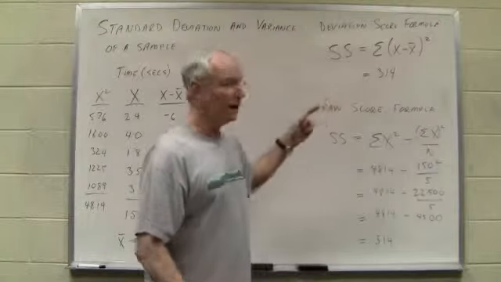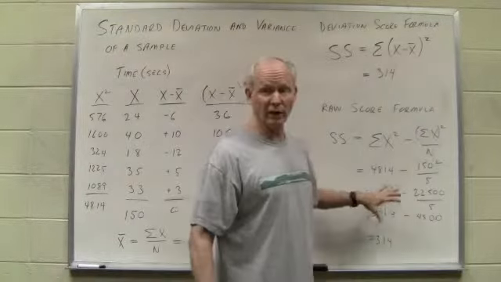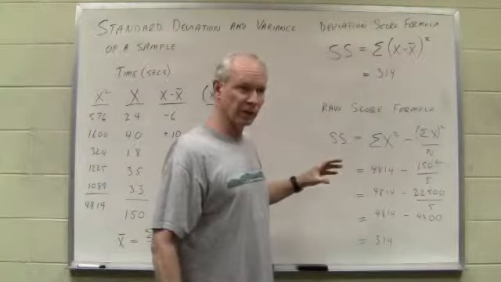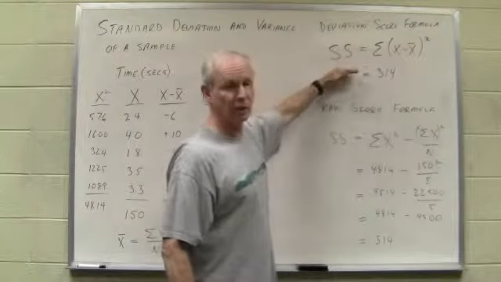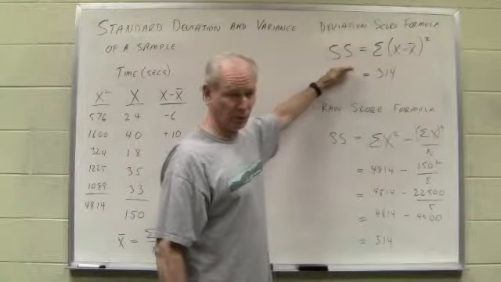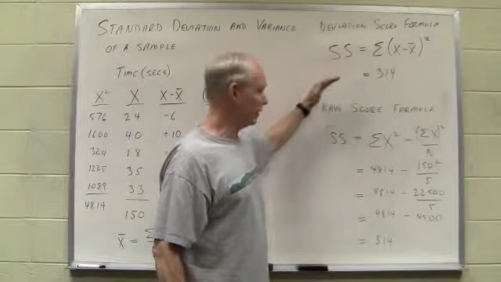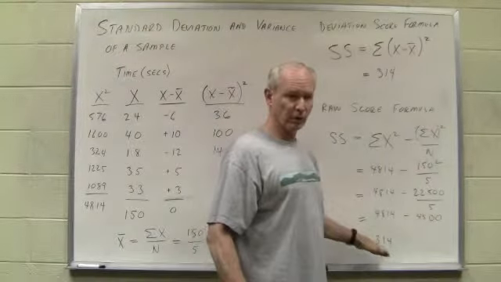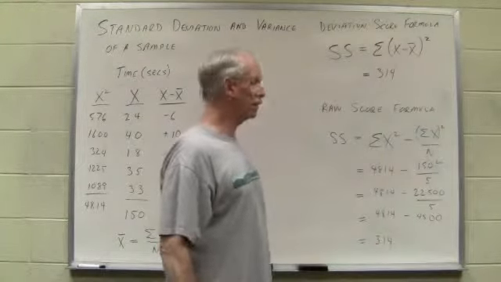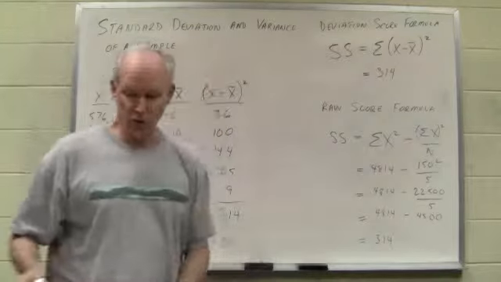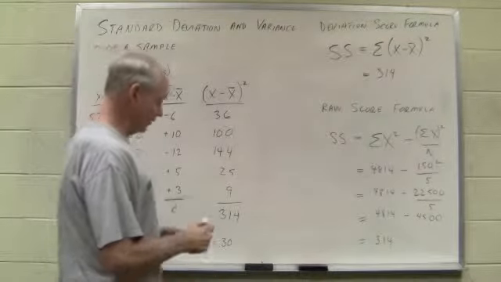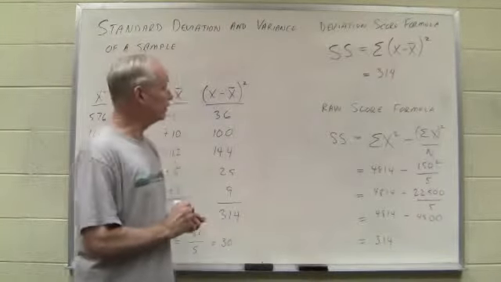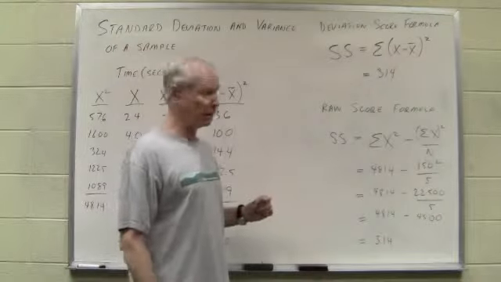In fact, if they're not exact, and it looks as if there's a little bit of rounding error, it's almost certainly going to be in the deviation score formula where you've got the little bit of error. The raw score formula typically gives you a more exact result. So, just to review, in order to get the variance and then the standard deviation, you first compute the sum of squares.